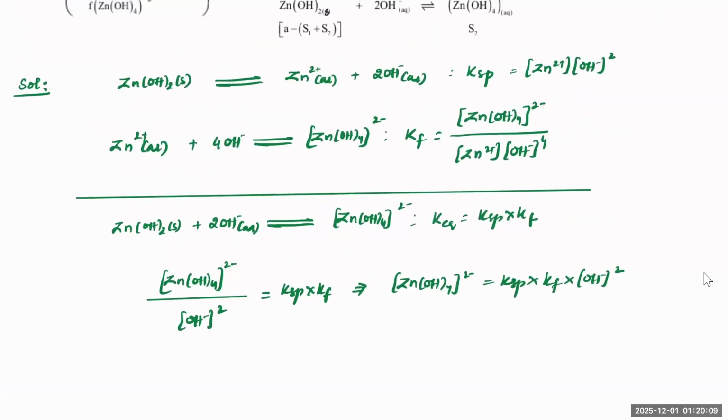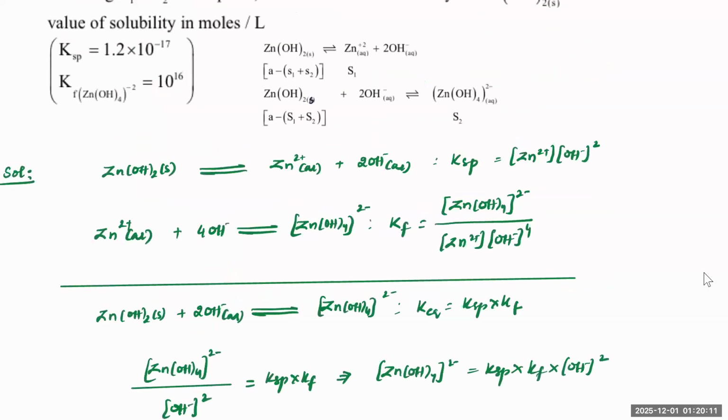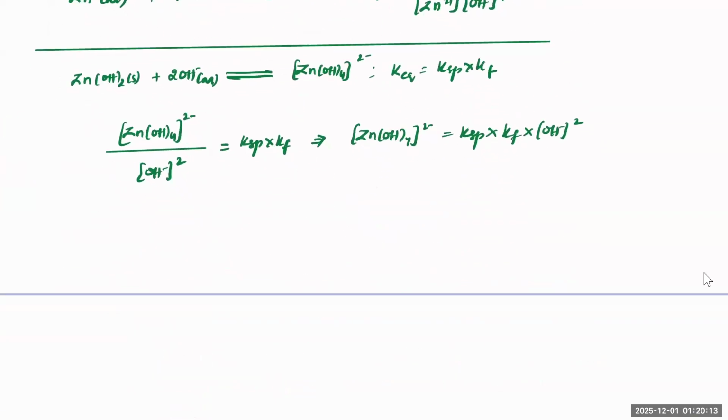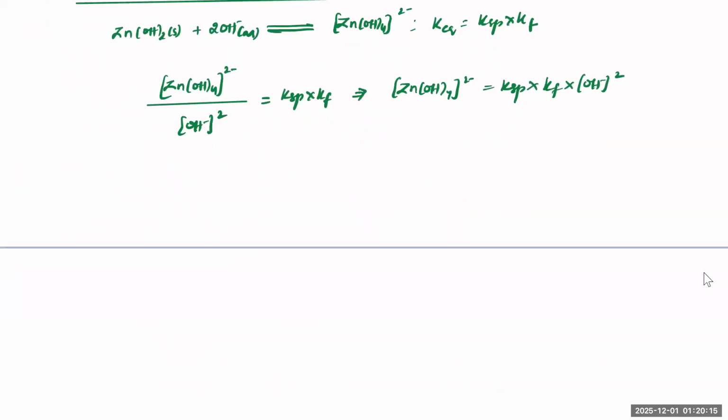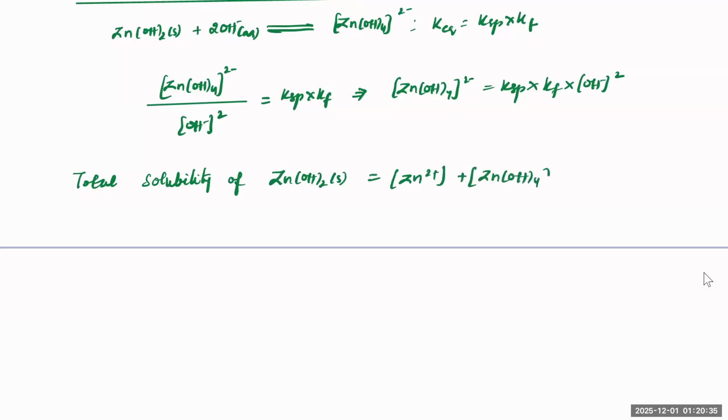So now if I have to put the solubility based on the given equations here, the total solubility of Zn(OH)2 is basically the quantity converting into Zn2 plus, and the other factor is Zn(OH)4 2 minus.